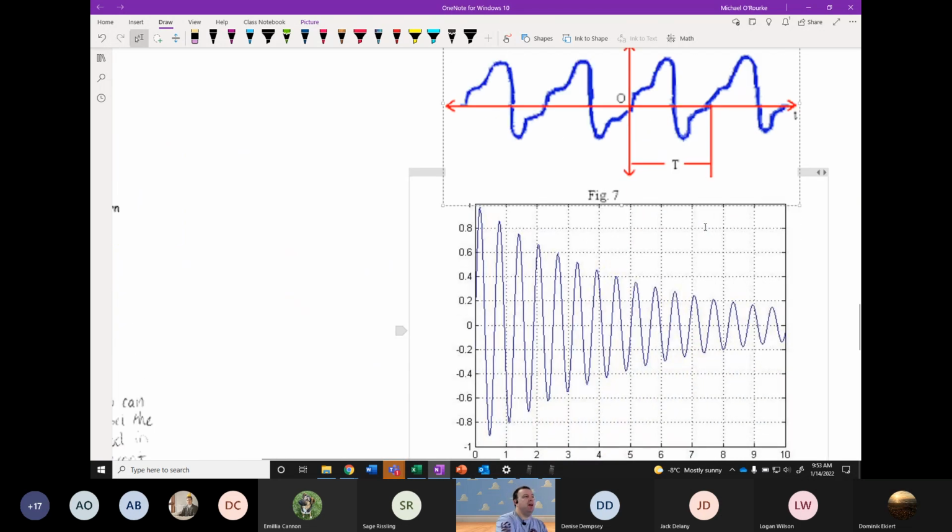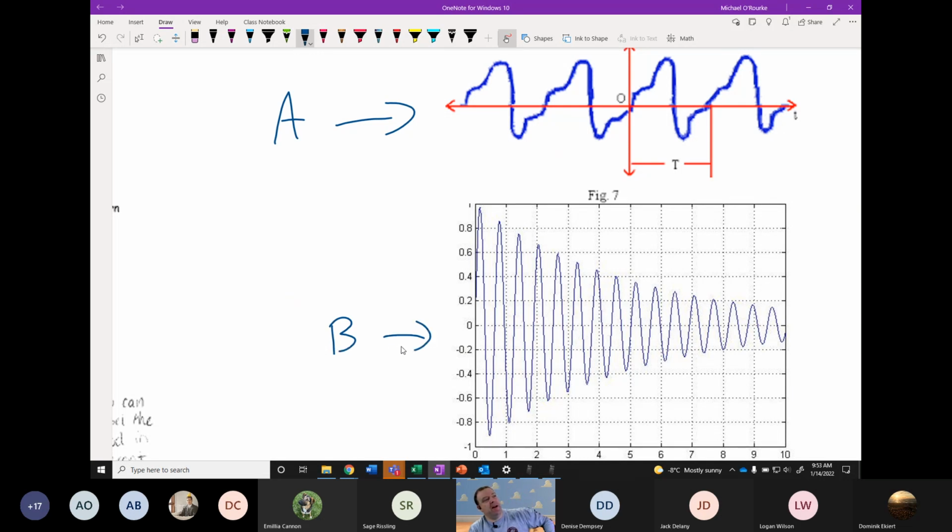So you have an option A or option B. Which one of these is periodic, as in it self-repeats all the way across the graph? Don't press enter. Put the one you think is periodic.